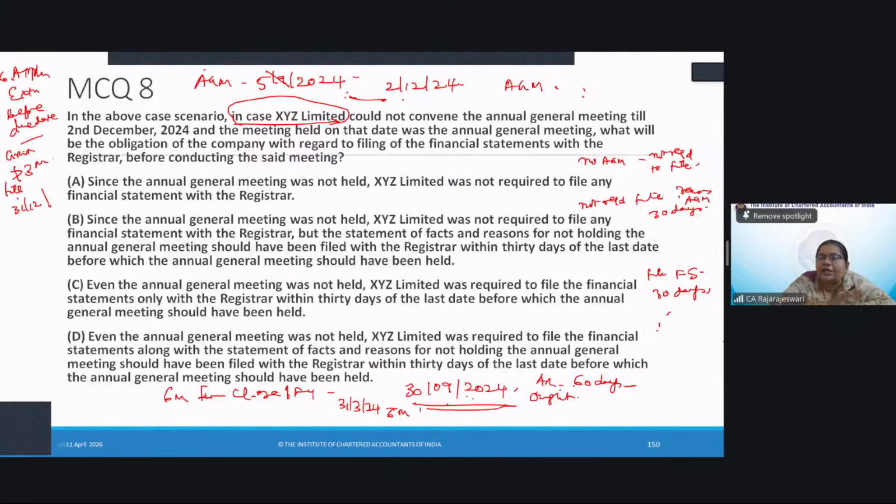The unadopted financial statement is also not there. But the reasons why it was not held should have been given. And reasons for not holding should have been mentioned with the registrar within 30 days of the date before which the annual general meeting should have been held.